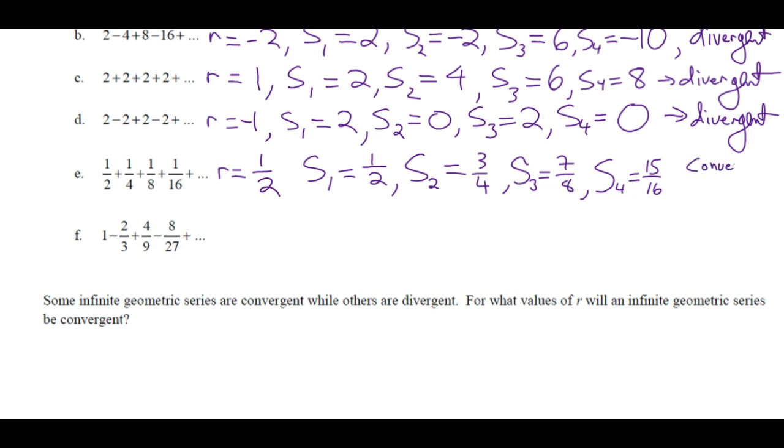So convergent, and then we can say S, the sum at infinity, is equal to 1. So the limit of our partial sums as we keep going is going to be 1. Will we ever get to 1? No. We'll get really, really close, though.